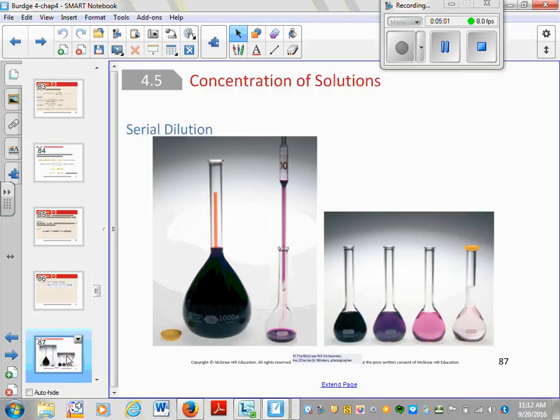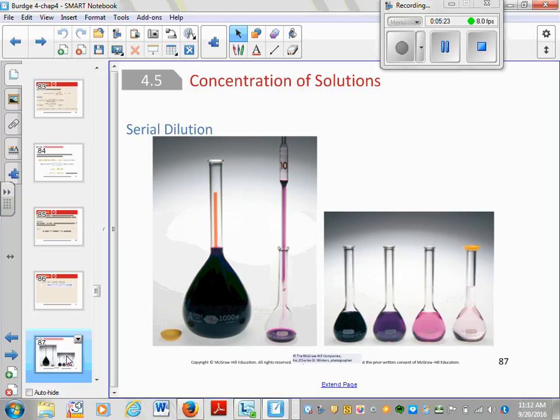A lot of times what we do in chemistry, especially analytical, is something called serial dilution, where we take a stock solution here on the left, and here we're making the first dilution. Then we take some of the first dilution and make a second dilution.